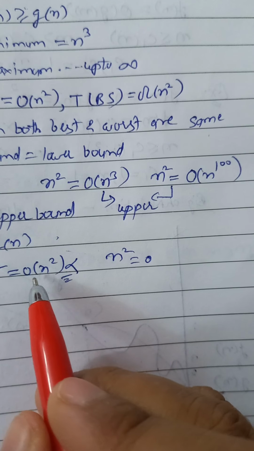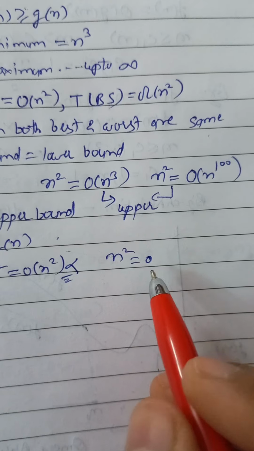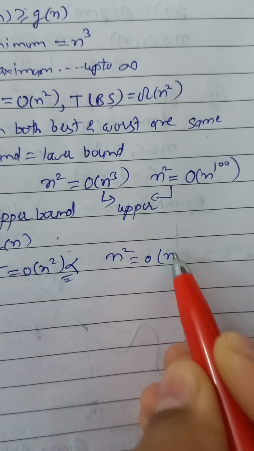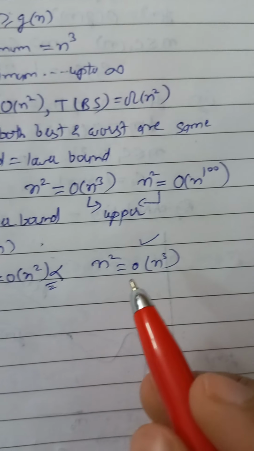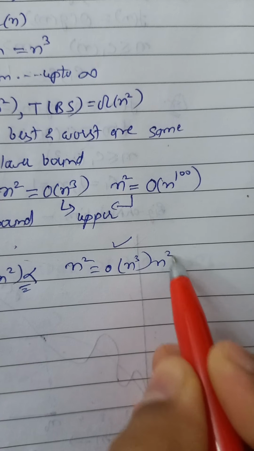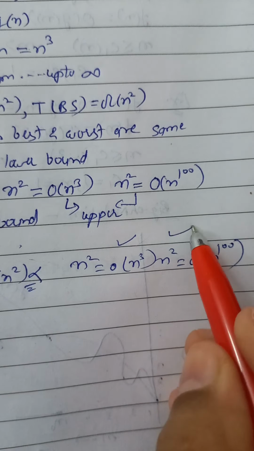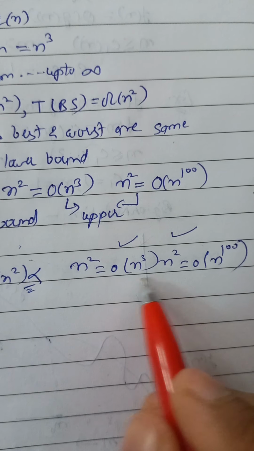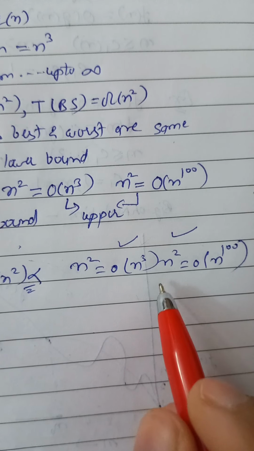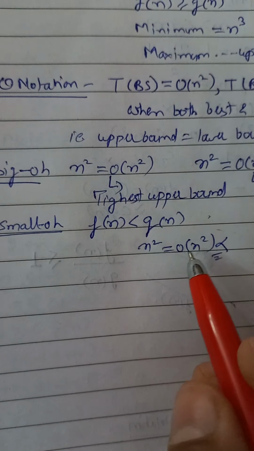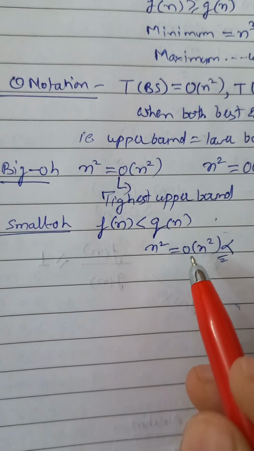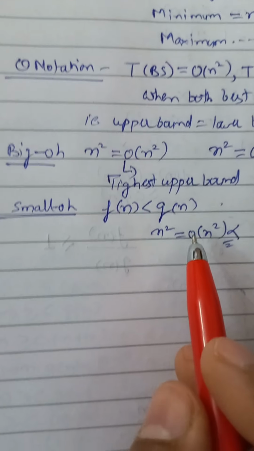Because this is small o, that's why we write o in small letters. That always exists. And if we have n square is equal to small o of n to the power 100, that also exists. So these are not tightest upper bounds, but these are upper bounds. And because f(n) is less than g(n) in small o, the equal case does not exist here.